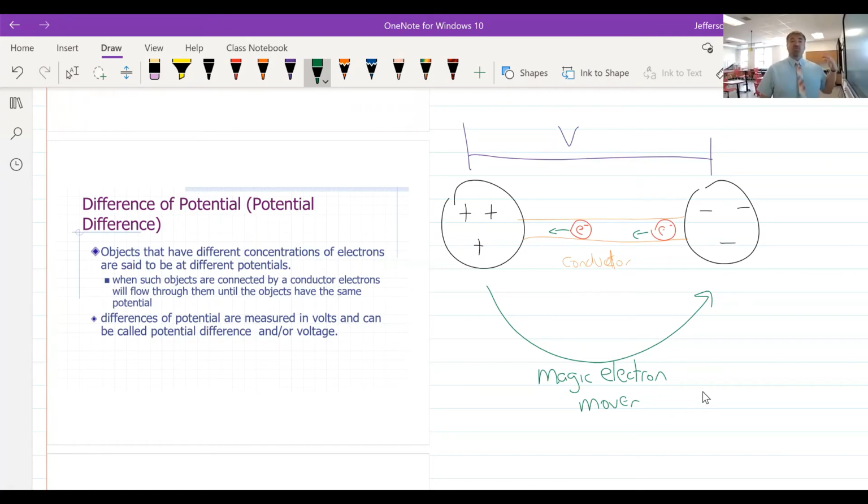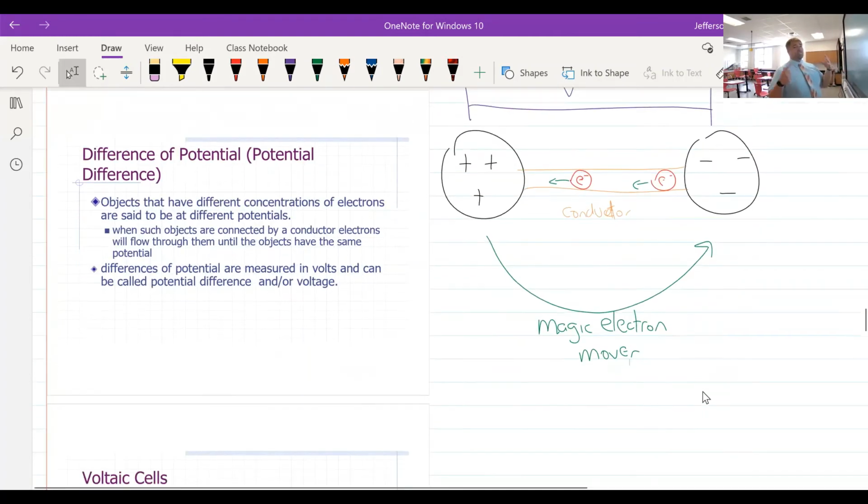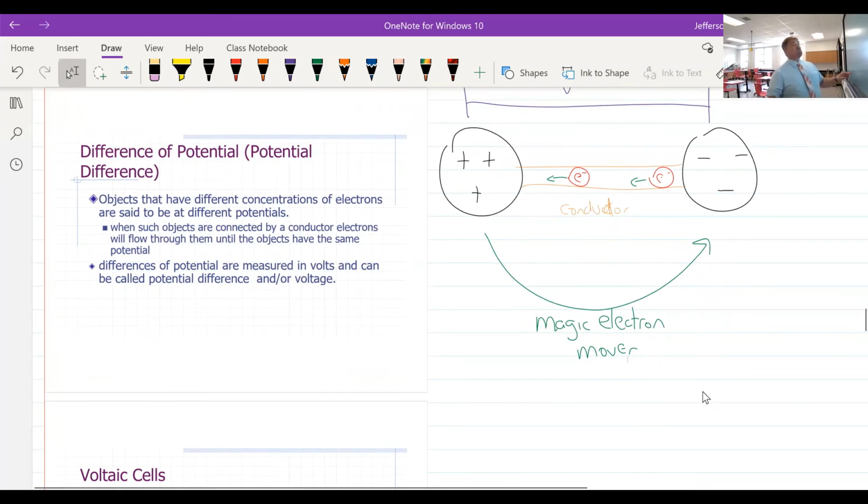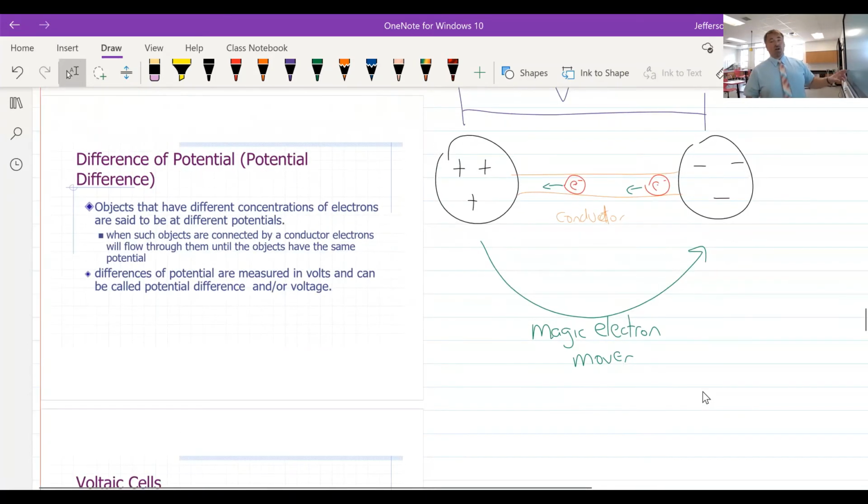If we could do that every single time, we would have a constant flow of electrons through that conductor. As long as there's a difference in potential, charges will flow. So if you can have that magic electron mover to rip charges back to where they don't want to be, you will have a constant flow of charges. You'll have what's called a current.